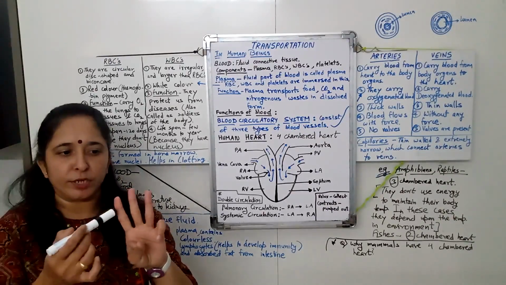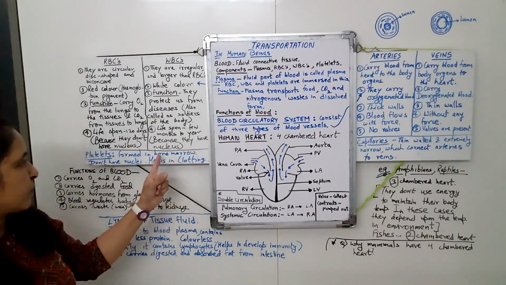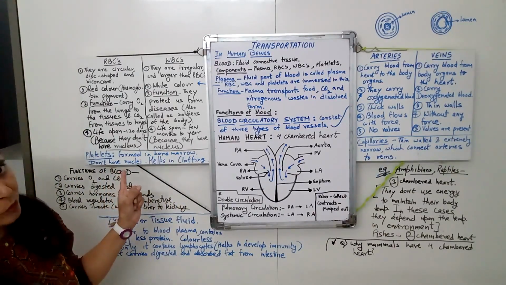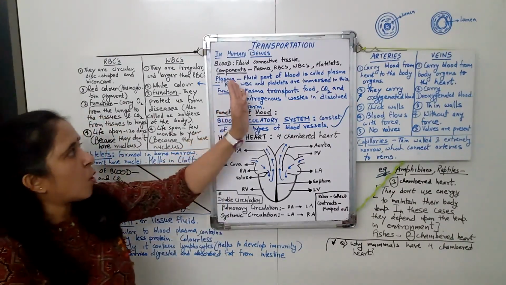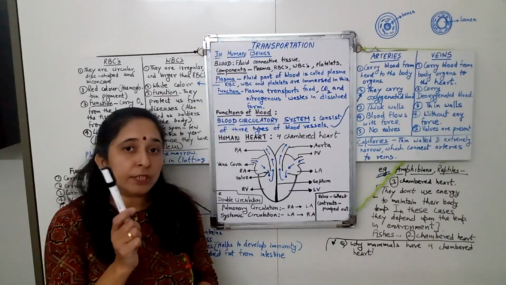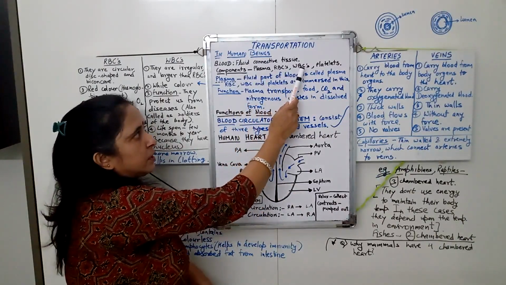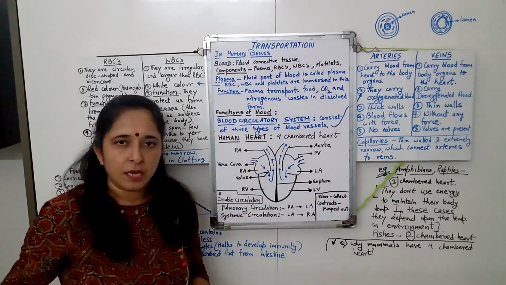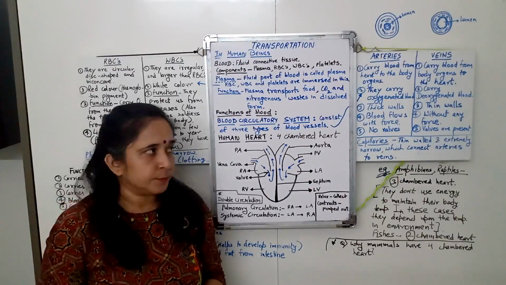So only three important things about the platelets: first, formation takes place in the bone marrow; they don't have nuclei; and they help in blood clotting. So these are the functions and characteristics of the components of the blood: plasma, RBC, WBC and platelets. Clear? This is the first introductory part of the blood.